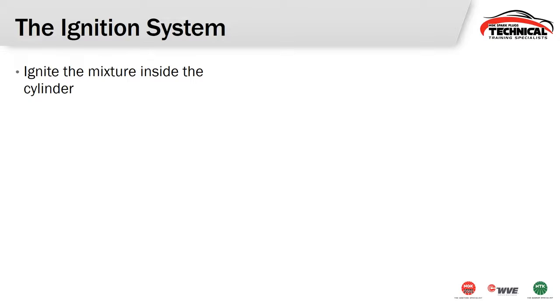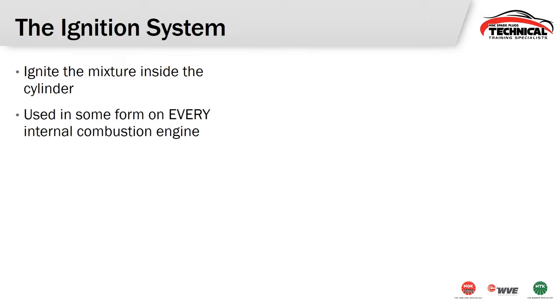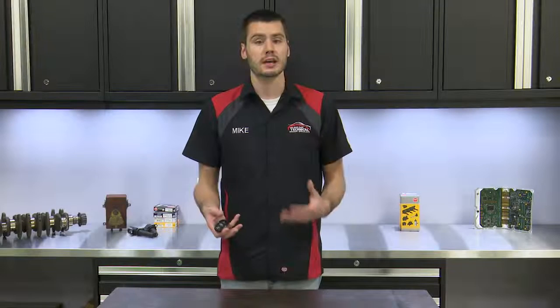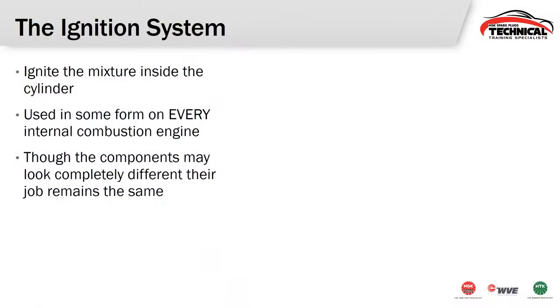Now, this ignition system is used in some form on every single internal combustion engine going down the road today. So all of our cars that we see going down the road use some sort of ignition system on that vehicle. And the components on these systems may look different from vehicle to vehicle or year to year or through the years, but their job is going to always remain the same, and that's to ignite that mixture that we have in the cylinder.